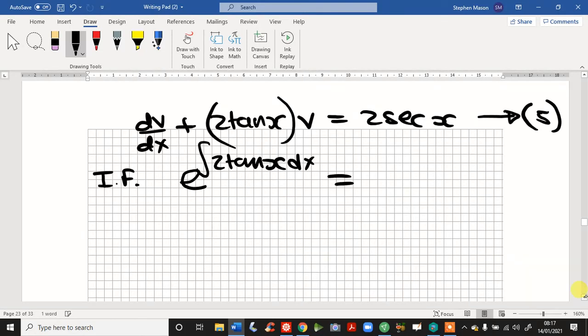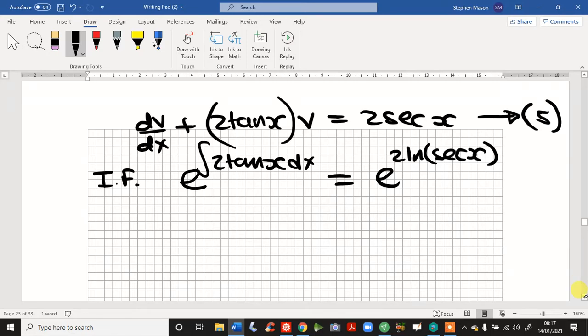And that, quite simply, is equal to e to the power of 2 log of sec x.